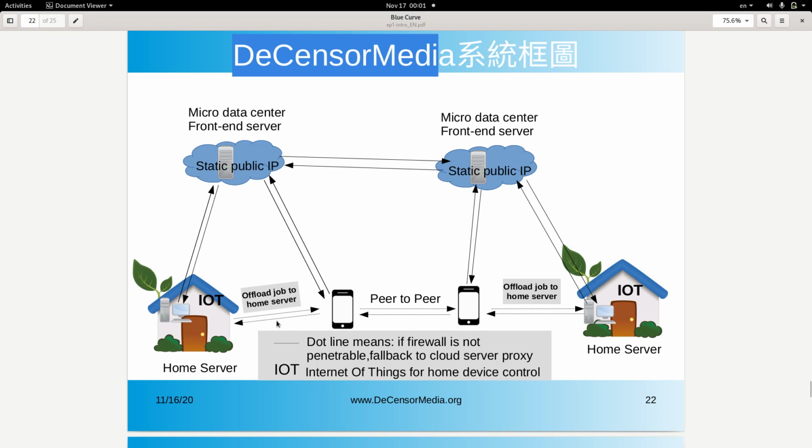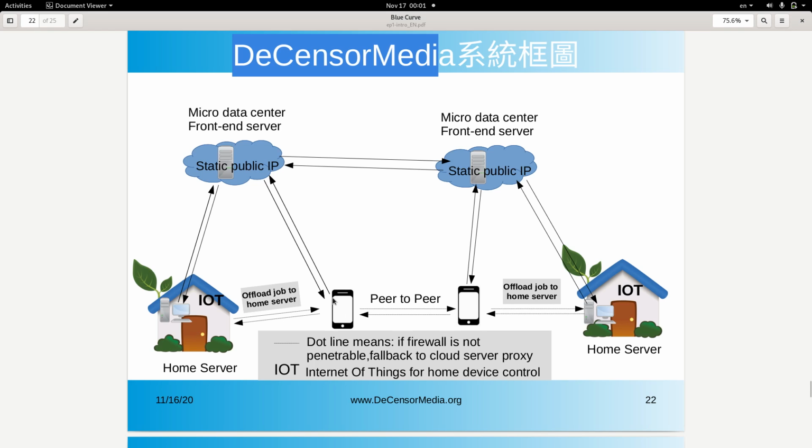Sometimes you are behind a firewall, like in China, where they have a big firewall around our country. So it's sometimes difficult to get around the firewall to get direct access to devices behind it.